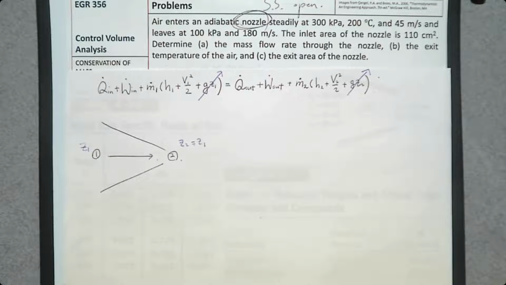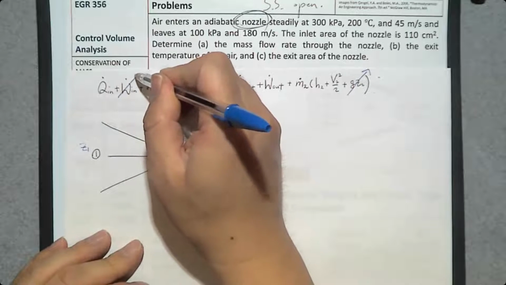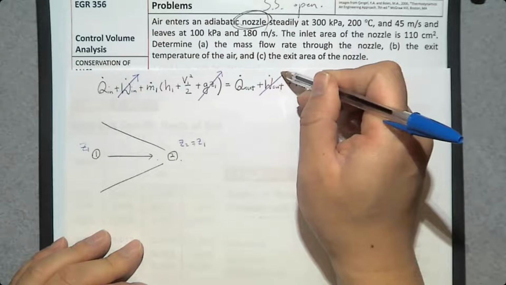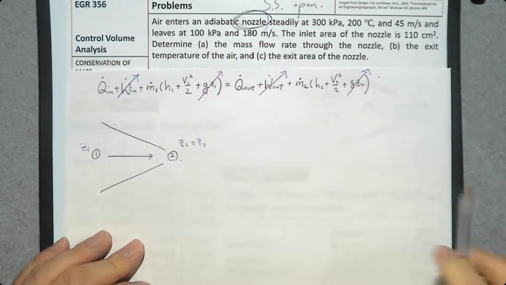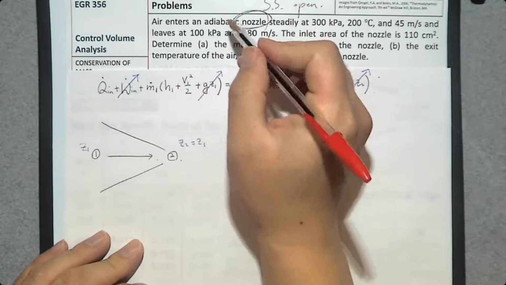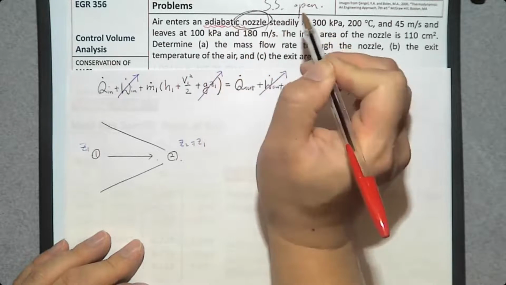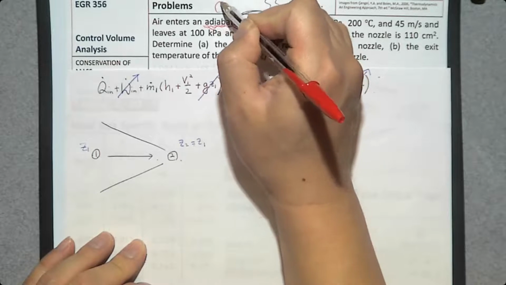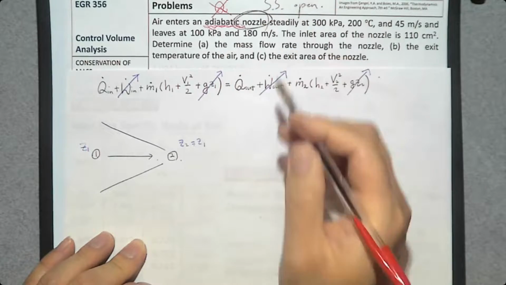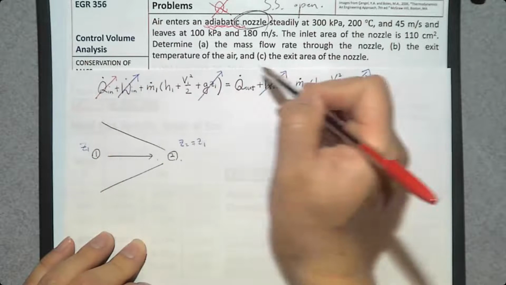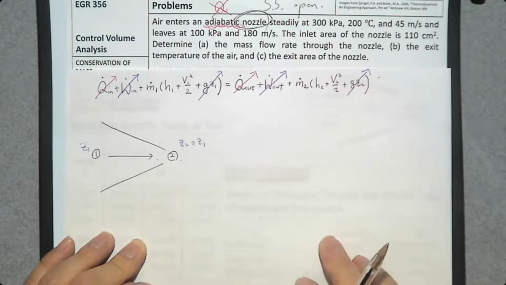And there is no energy transfer by work, so you can neglect W dot in and W dot out. And it says not just a nozzle, it is an adiabatic nozzle. This means there is no heat transfer. So you can neglect Q dot in and Q dot out.